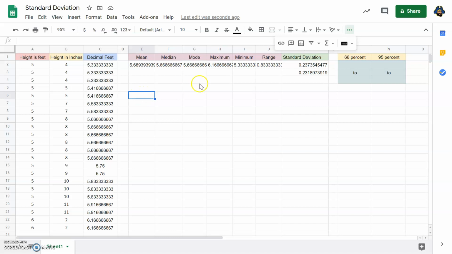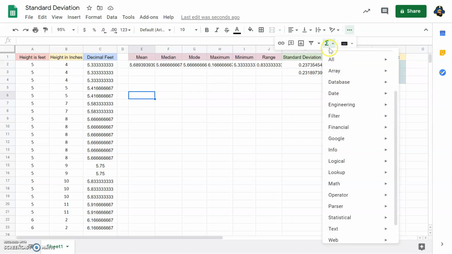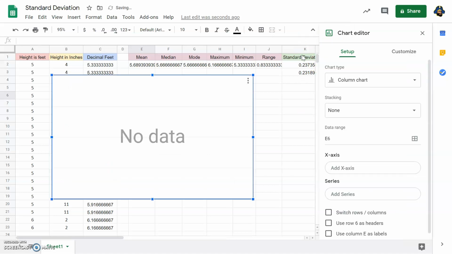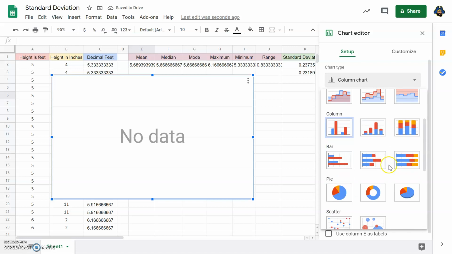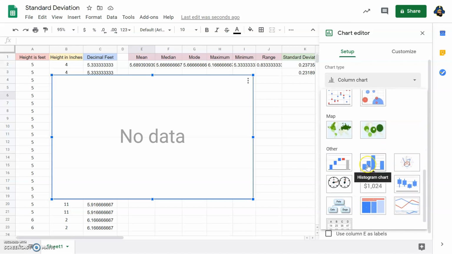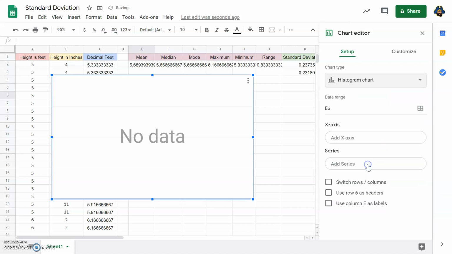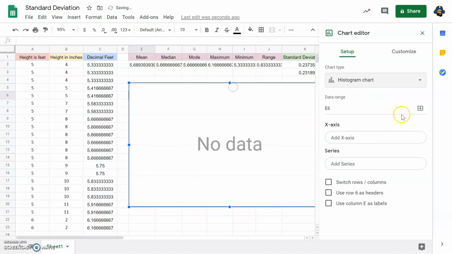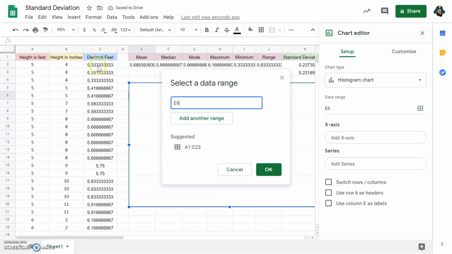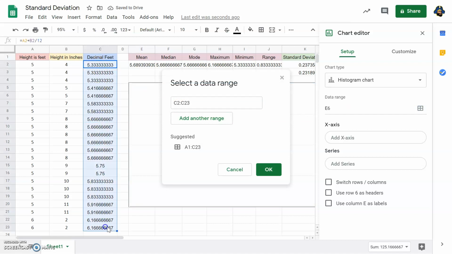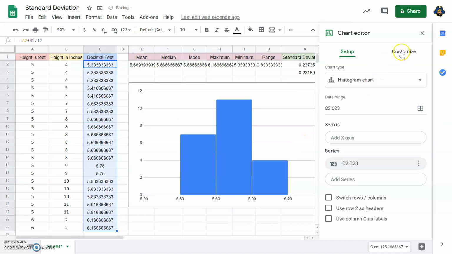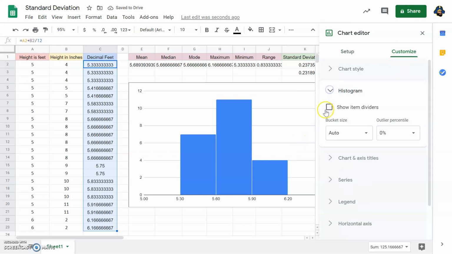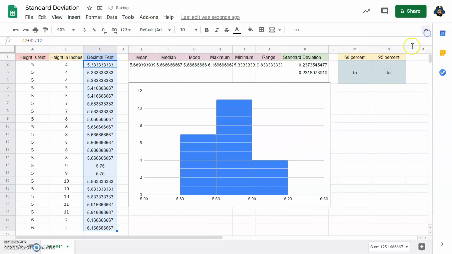Sheets is a little bit limited on its graphing capability, but we're going to work with what we have, and we're going to insert a histogram, which is like a frequency table. Then we have to move that a little bit, pick our data range, and I'm going to customize it so we can look at the dividers.